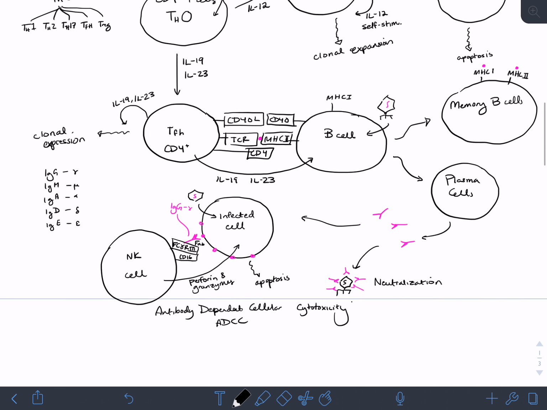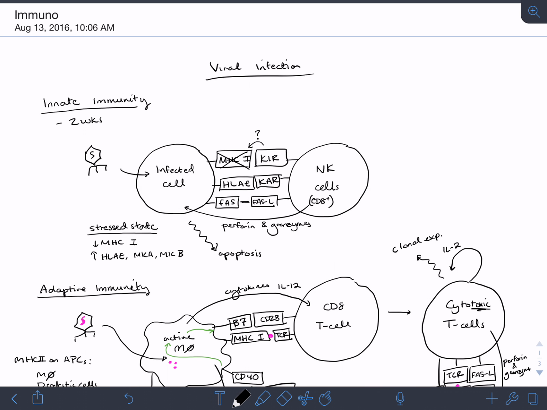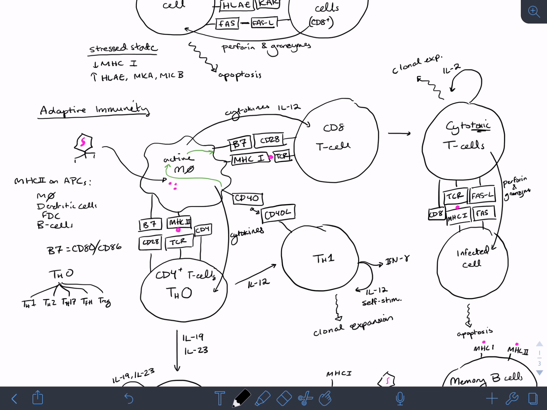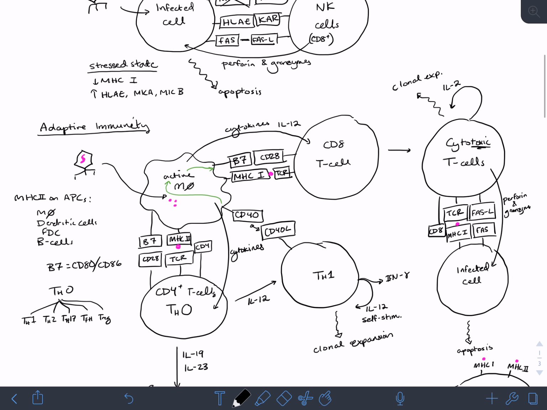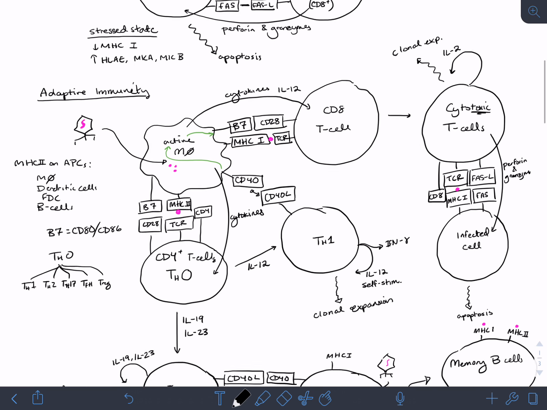So we just talked about the different methods that you use to kill viral infections, okay? The first method is you're going to use an NK cell to kill an infected cell. That's your innate immunity, for the first 2 weeks. The second method is you're going to activate a cytotoxic T cell, a CD8 T cell, and that's going to kill an infected cell. And remember that in order to activate a CD8 T cell you need to activate macrophages, and in order to activate a macrophage, you need to activate a Th1 cell, okay?